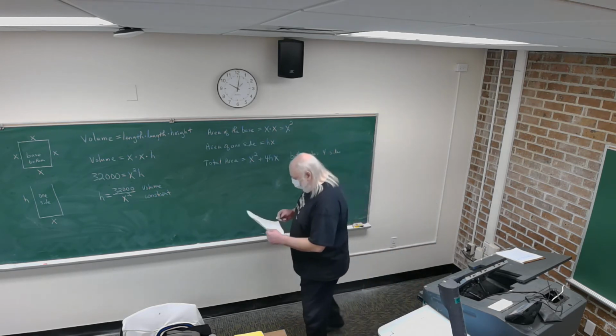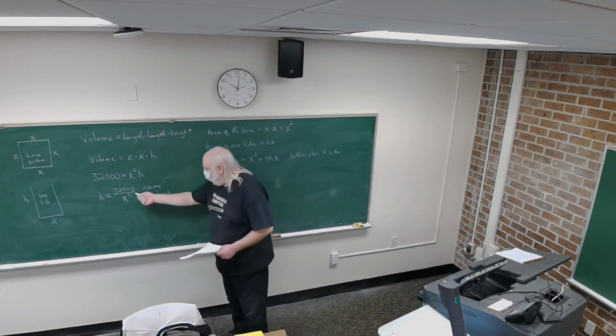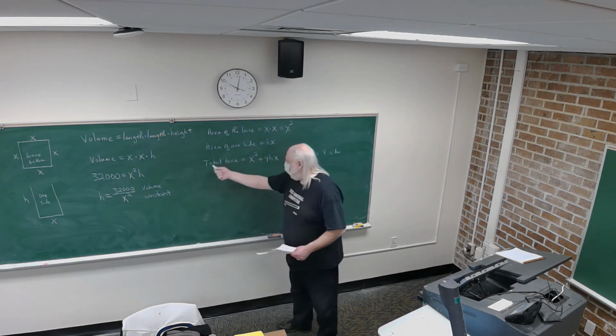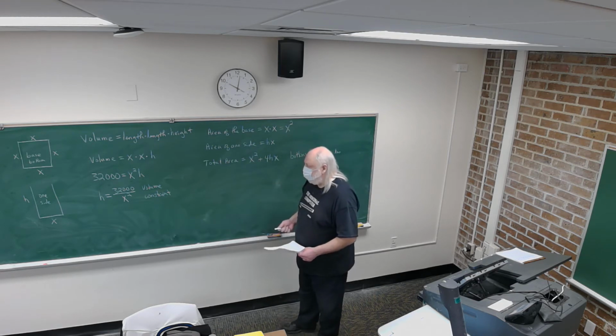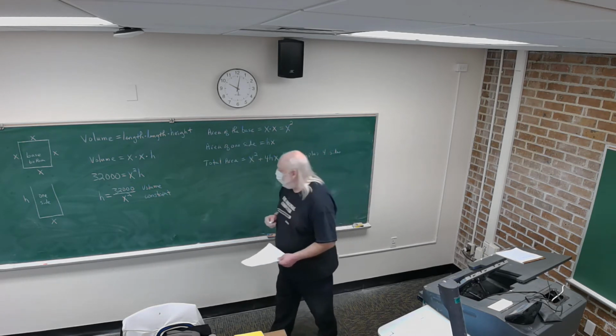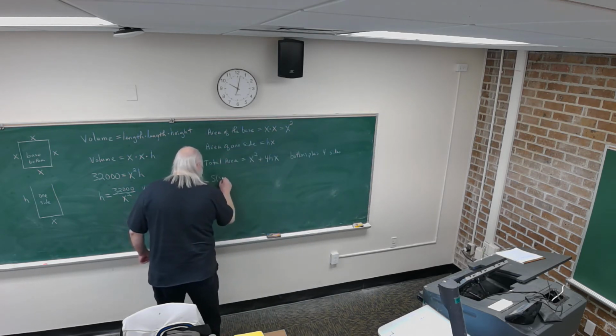Well, if we replace h with what it's equal to based on the volume constraint, h is equal to 32,000 over x squared, you now can write the total area, the total amount of wood needed to build the box, as a function of x, right? The length of one side of the base, the bottom of the box. So we're using S of x for total area.